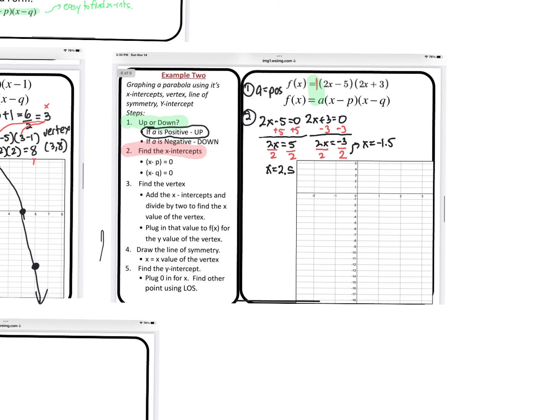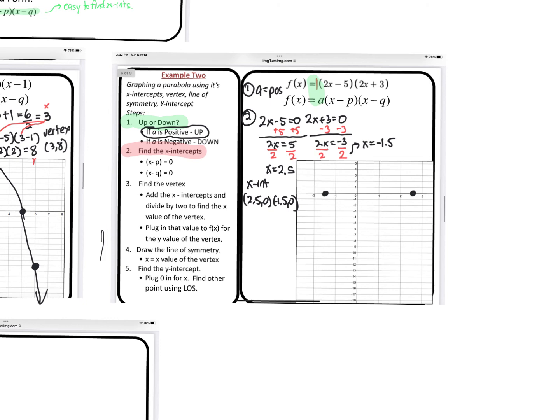So my X-intercepts are going to be 2.5, comma 0, and -1.5, comma 0. So plotting those out, there we go, and -1.5, there we go right there, all right.